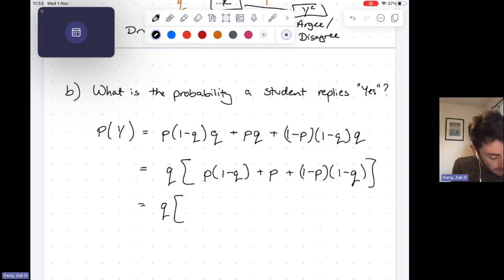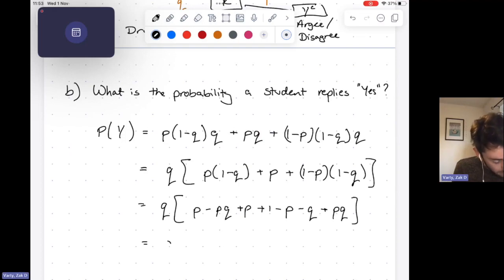So here we're going to get P minus PQ, excuse me, minus PQ plus P, and then in this quadratic expansion we're going to get plus 1 minus P minus Q plus PQ.